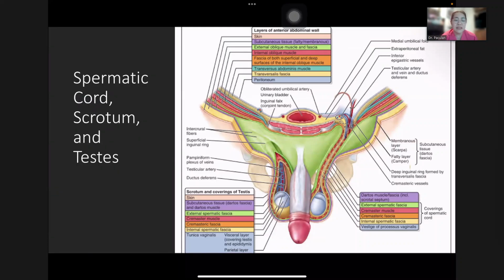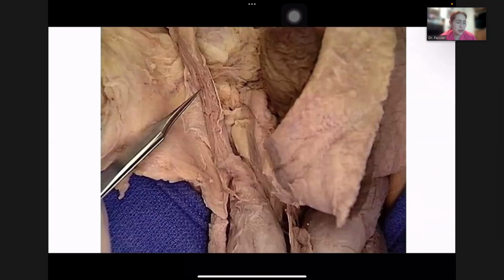This is a cremasteric fascia based on the chart. You can take a screenshot or look at your textbook. This is your cremasteric fascia, the one pointed by the Addison forceps. Based on the chart, it is derived from which layer of the abdominal wall?